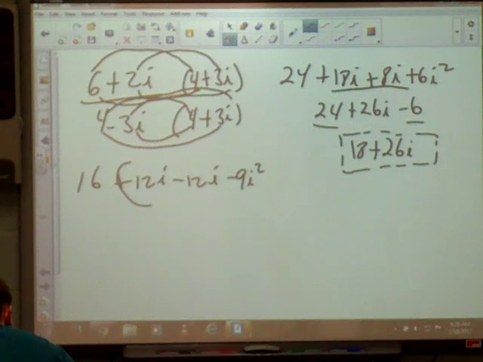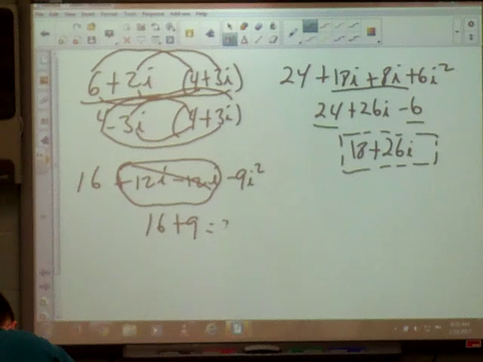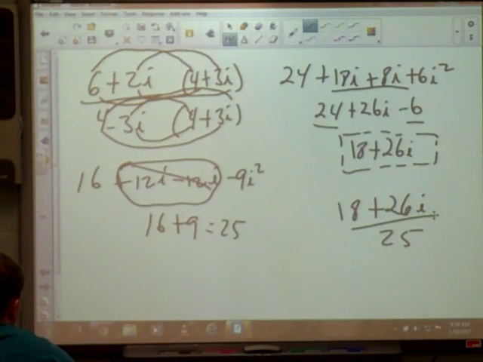So here, 12i minus 12i cancels. And i squared is negative 1, so negative 9 times negative 1 makes that a plus 9. So then it's just 25 on the bottom. So we've got 18 plus 26i over 25.